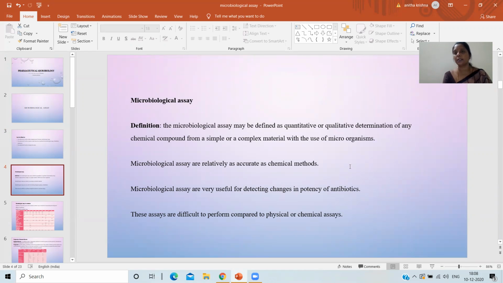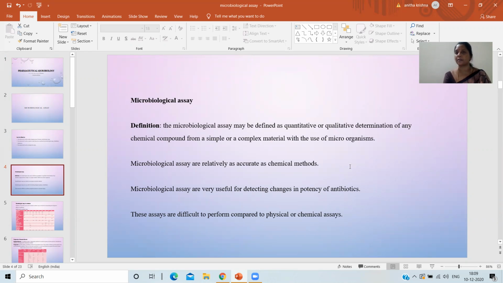We can define microbiological assay in a very simple manner: it is a qualitative or quantitative determination of any chemical compound from a simple or complex material, and for this, you use a microorganism. So what are we saying? Microbiological assay can be defined as a quantitative or a qualitative determination of what?